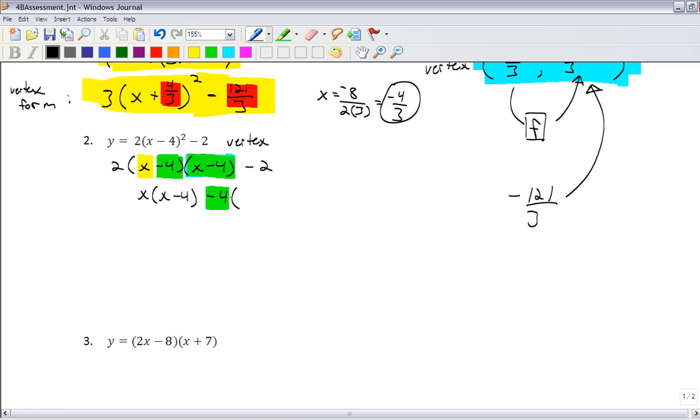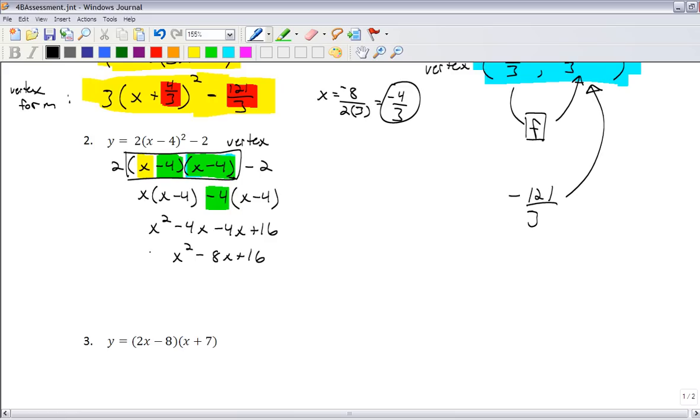There are so many different ways you can organize this. Really 4 multiplications are going to happen. So you've got x squared minus 4x minus 4x plus 16. So that's x squared minus 8x plus 16. And all of that work was just for this.